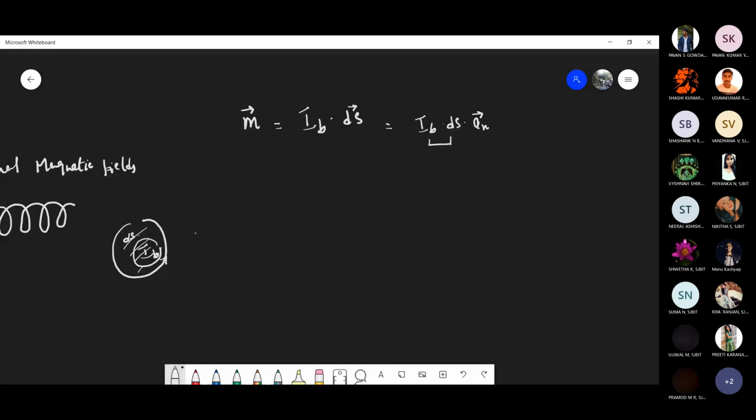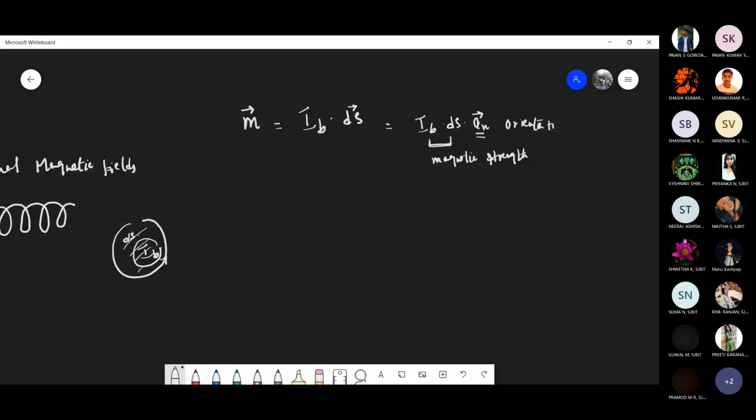Now, this is referred to as magnetic strength. I_B dS gives us the magnitude, or you can call it the magnetic strength, and this a_N gives the direction or orientation.